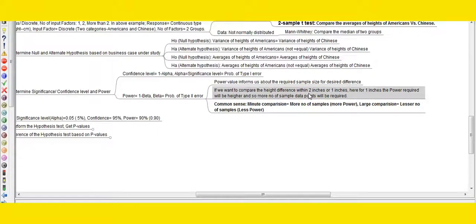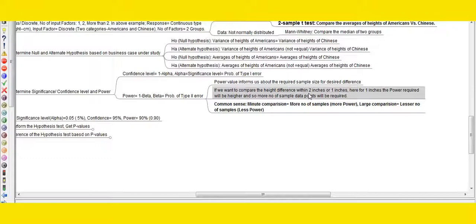Suppose, let's take an example. In the above case study which we just discussed about the height of American men and Chinese men, just for understanding, we assume that American men are 72 inches and Chinese men are 70 inches.